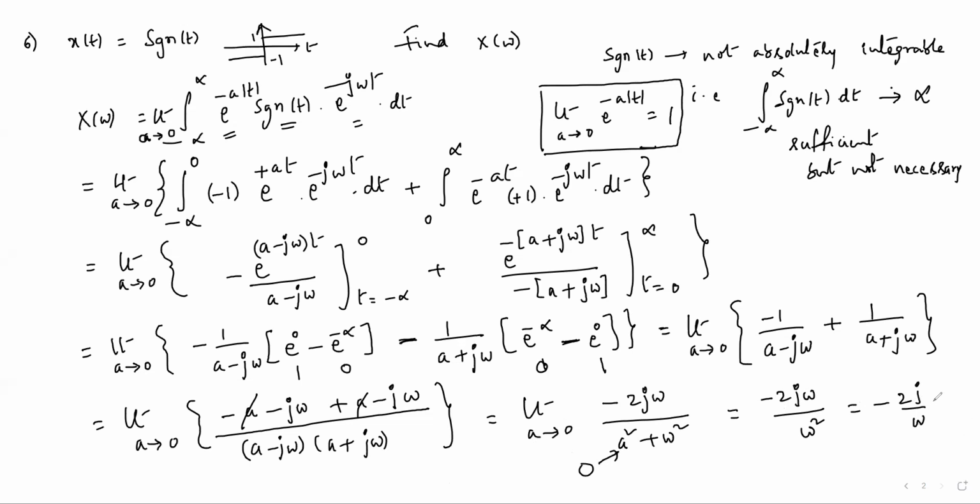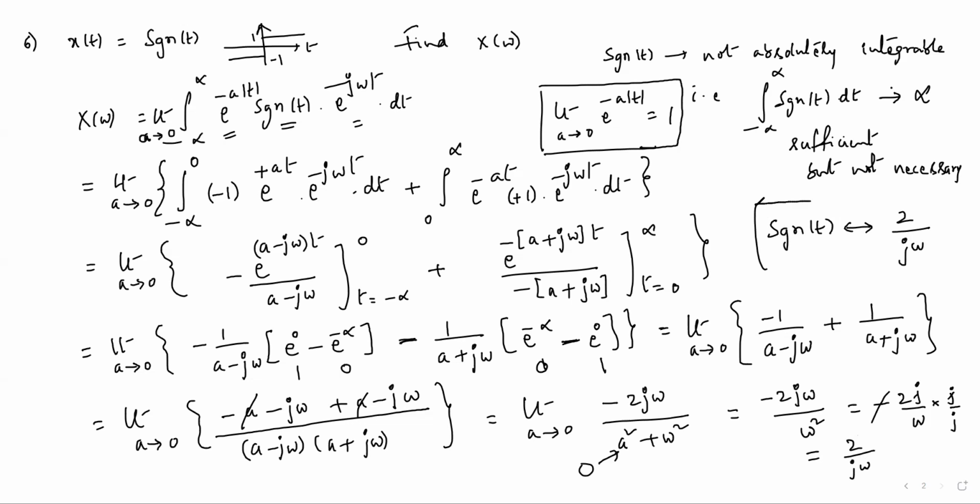If you multiply j in the numerator and denominator, this minus sign and j square will get cancelled. Simply we get 2 by j omega, just to get the simplified format. So the signum function Fourier transform pair, finally, is 2 by j omega.